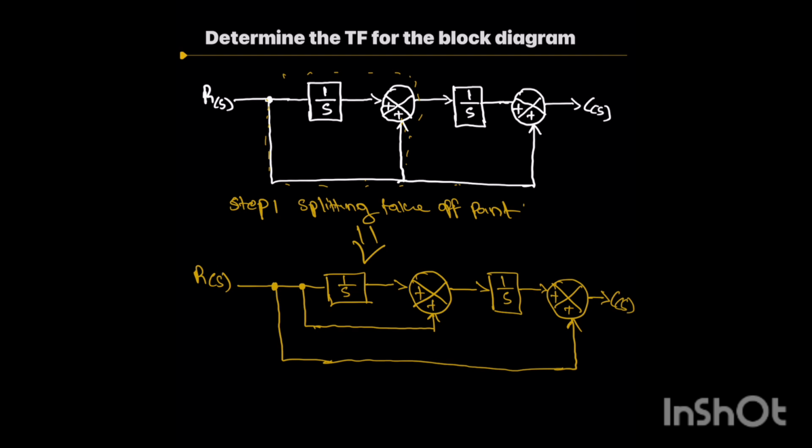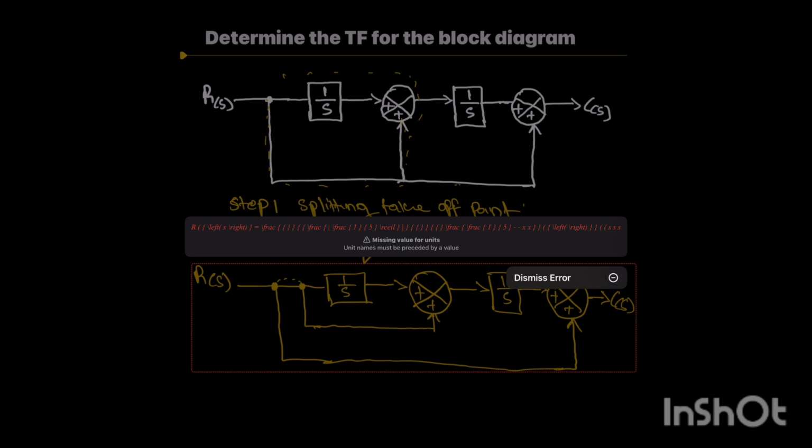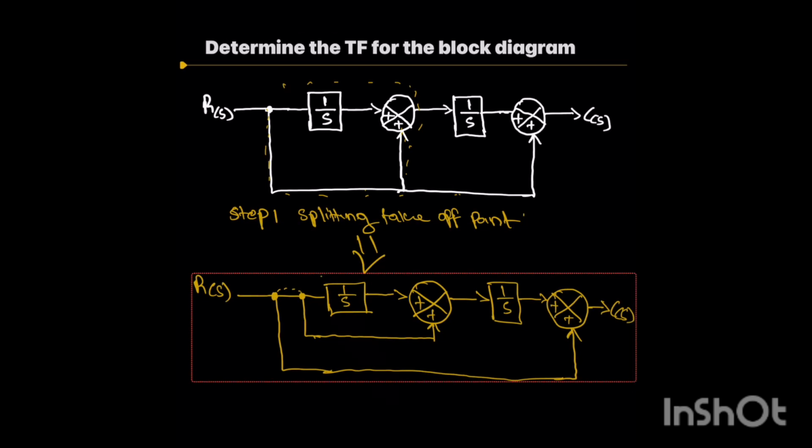And in this case, whenever you split this line, there is no effect on any block, so long as this line did not cross any block, so we are not going to add any gain or inverse of any gain. So we only split this line on the same lane.